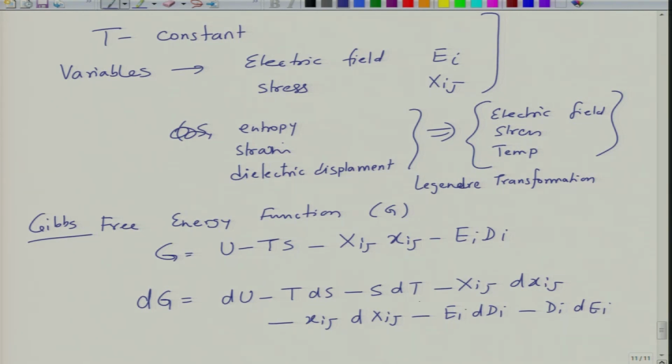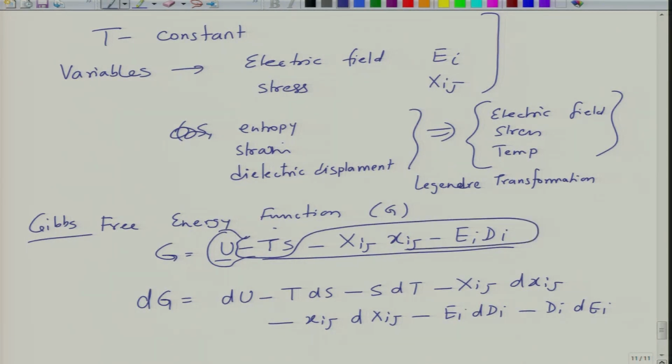So, this is the free energy function in the form of all the parameters. This is the internal energy, and these are thermodynamic changes. Basically this is the entropy term, and this is the next term, which is the net internal energy.